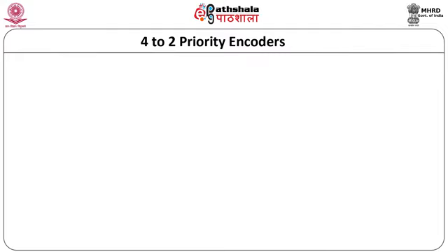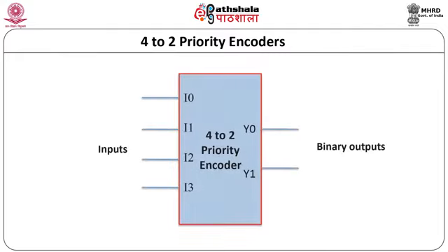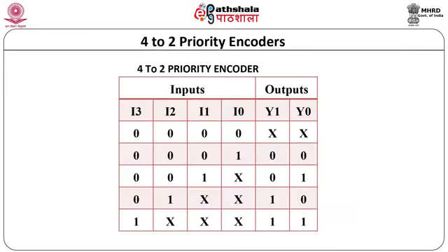Let us consider a 4 to 2 priority encoder. It has 4 inputs, namely I0, I1, I2 and I3, and 2 outputs. Priorities are given to the input lines. In this case, I3 has the highest priority among the inputs.